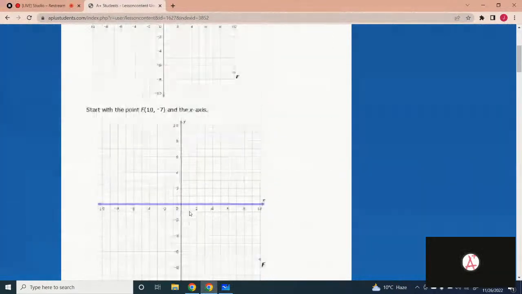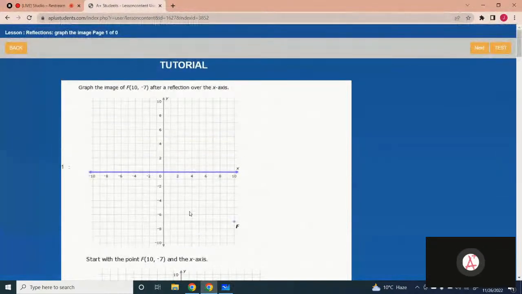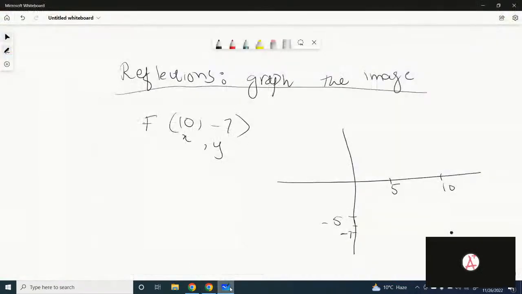Wait, let me read the question again. Graph the image of F (10, negative 7). You have to reflect over the x-axis. Got it? This is the x-axis. You have to reflect the point. So F is here, then F dash is here.